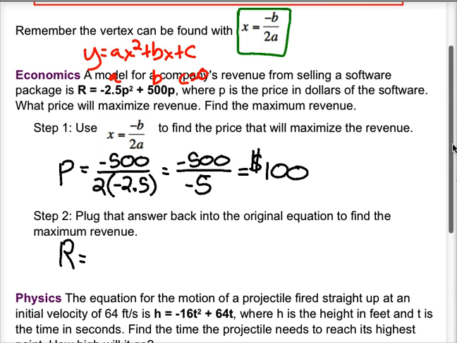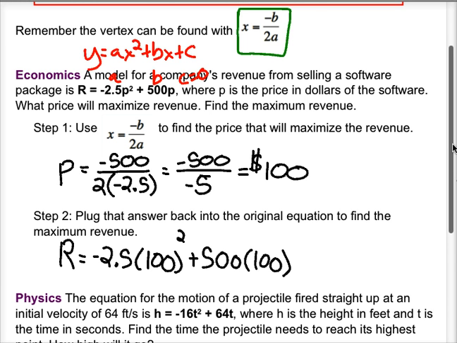So I'm plugging that 100 back into my original equation. And remember, whenever you're plugging numbers into an equation, always put that number in parentheses everywhere that you're putting it.